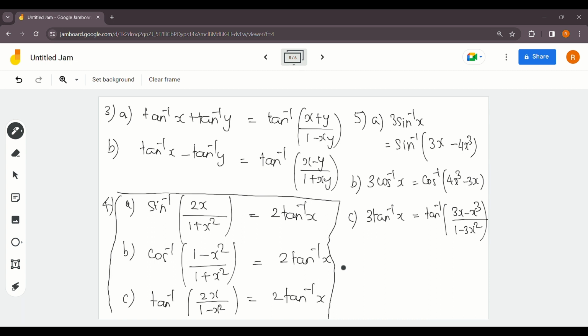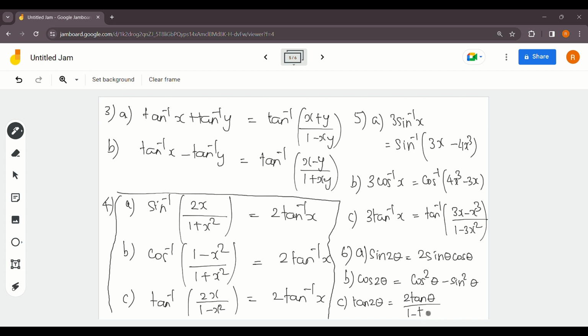Sixth property: sine 2 theta is 2 sine theta cos theta, and cos 2 theta is nothing but cos square theta minus sine square theta, and tan 2 theta is nothing but 2 tan theta by 1 minus tan square theta.